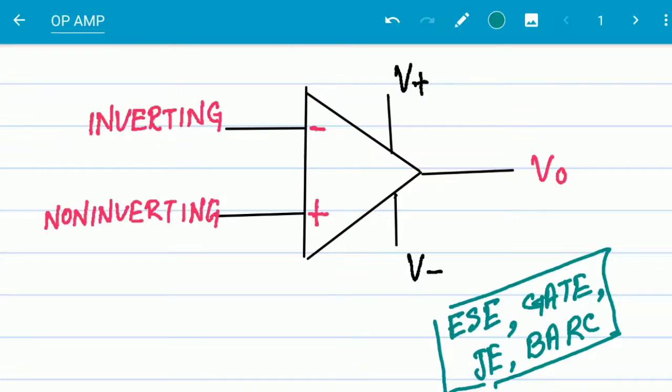In the case of the positive, that is non-inverting, if we apply a positive voltage, then we get a positive output, so no phase difference. And these are called saturation voltages. This is the positive saturation voltage and this is the negative saturation voltage.